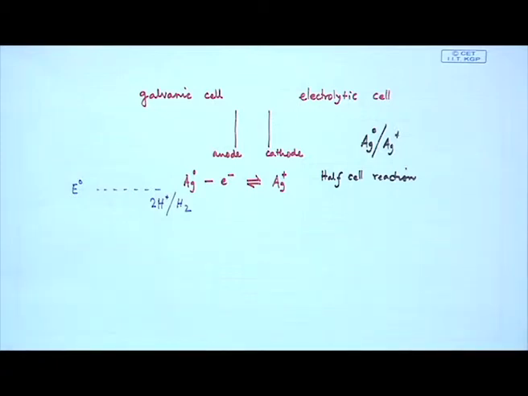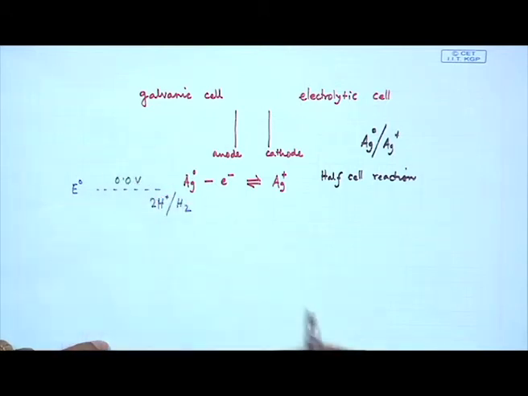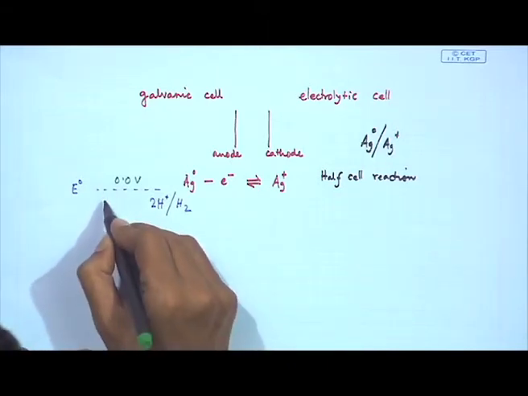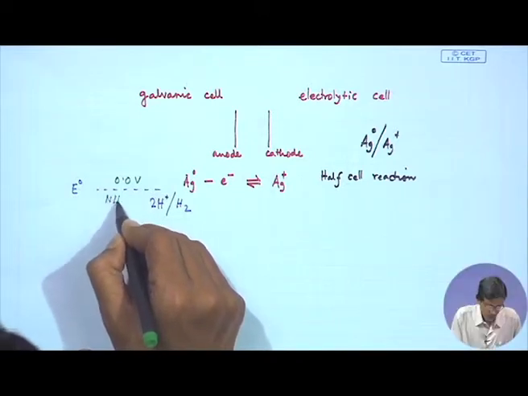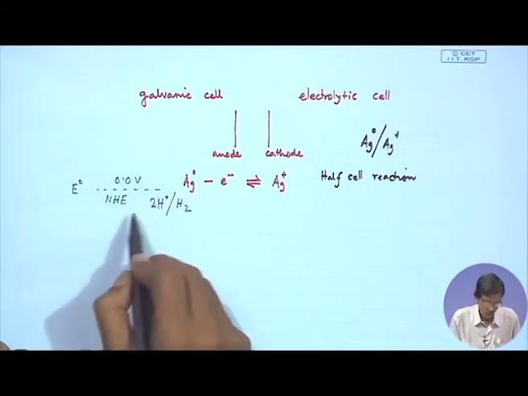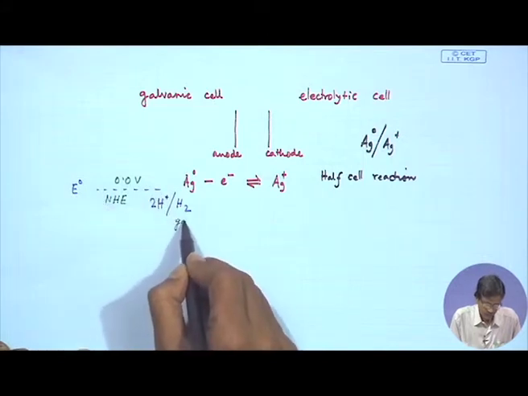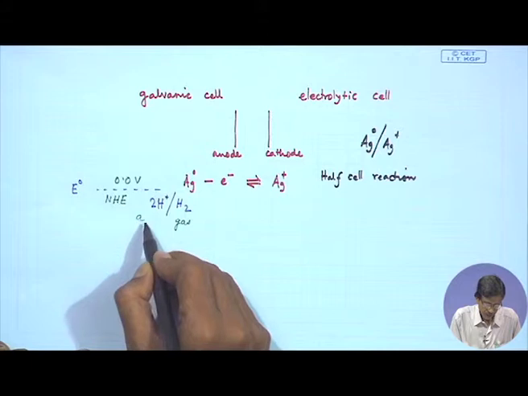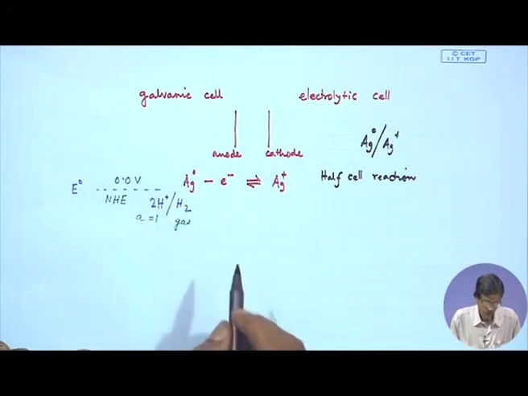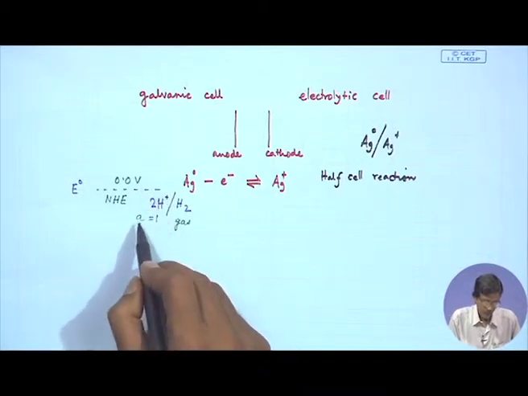This particular potential we will consider as 0.0 volt, and why we consider this as 0.0 volt is that we can have an electrode which we consider as the normal hydrogen electrode, NHE. With respect to the normal hydrogen electrode, you have hydrogen as the gas, and at activity 1 of the hydrogen ion, that means the corresponding acid solution. So, the activity of that acid solution is also 1.